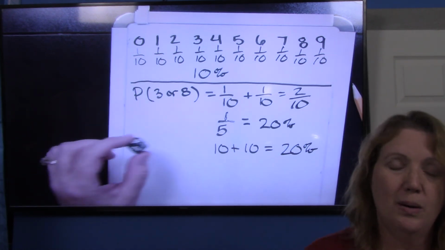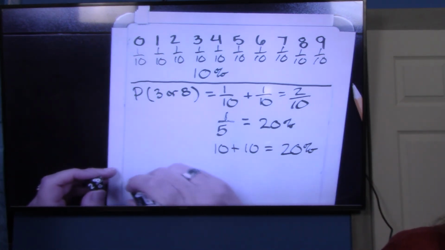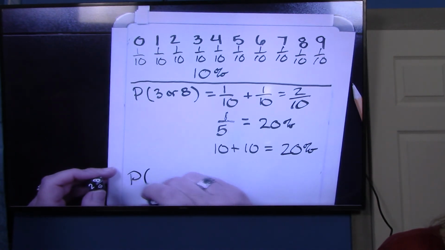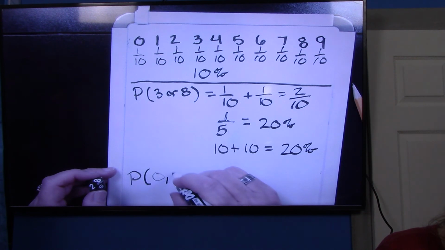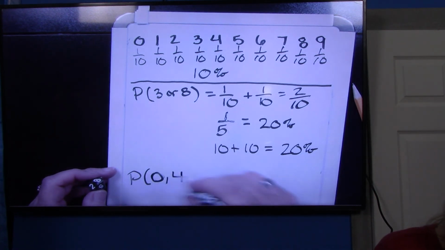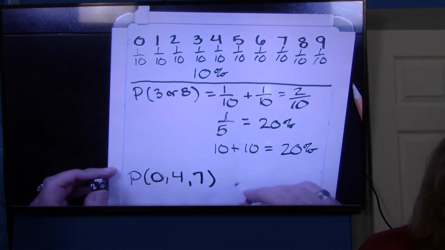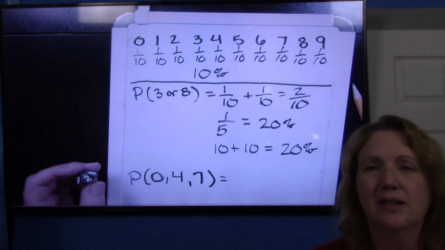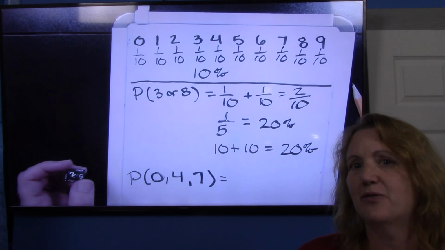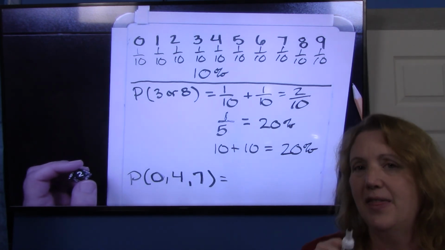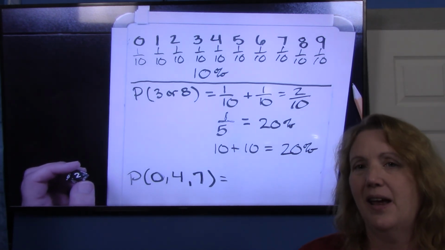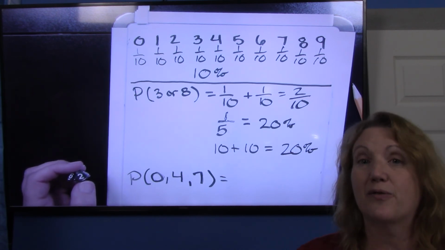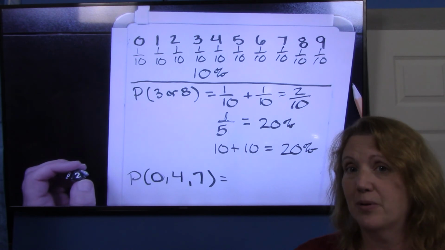Now, let's do one more. I want you to tell me, what's the probability of getting a 0, a 4, or a 7? Put your answer in the chat as a fraction first, and then put it as a percentage. So you can give me both.